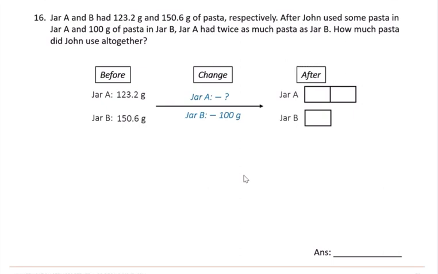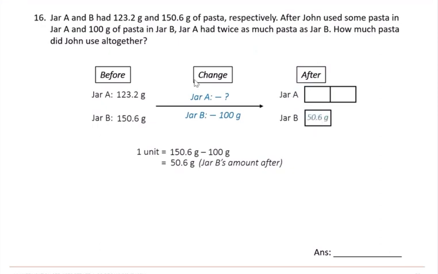That is after. So you actually can see the group that you can find in the end is not for A yet, but for B, which is a value of 1 unit. So 1 unit, 150.6 gram minus 100. Jar B will have 50.6 gram here. This is 1 unit. So I write 50.6.